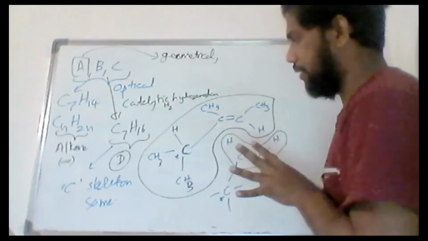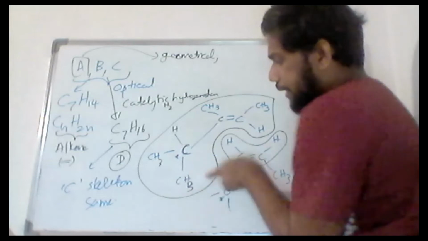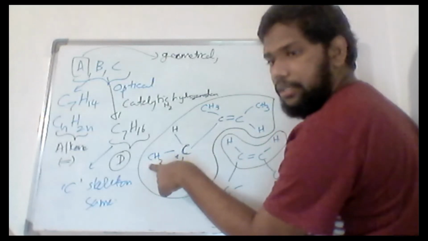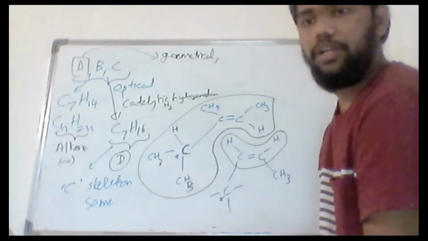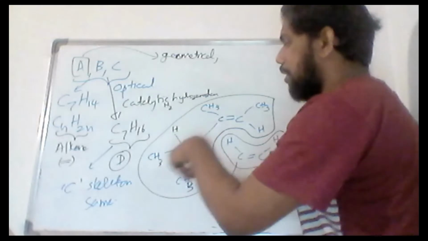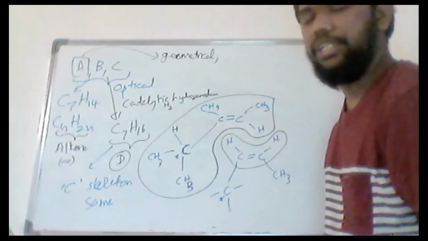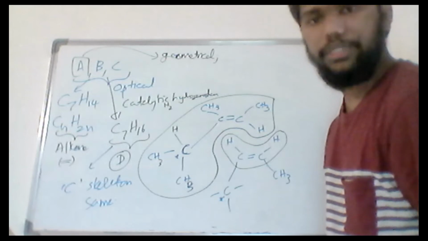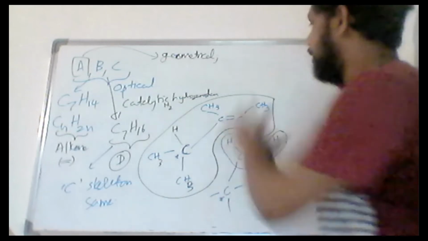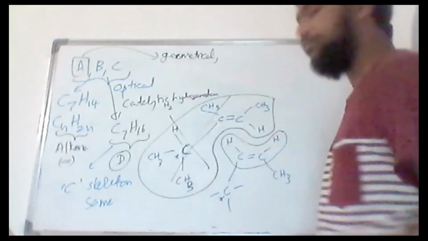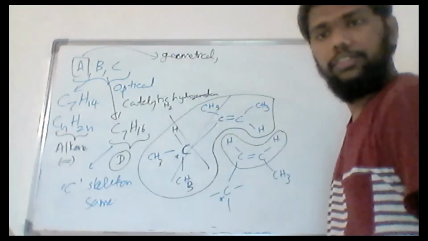But in that case, you can see there is a CH3 group here and a CH3 group here. So there are not 4 different groups, which means this carbon is not chiral, so it is not optically active. It does not show optical isomerism, which means this structure cannot be. Why?